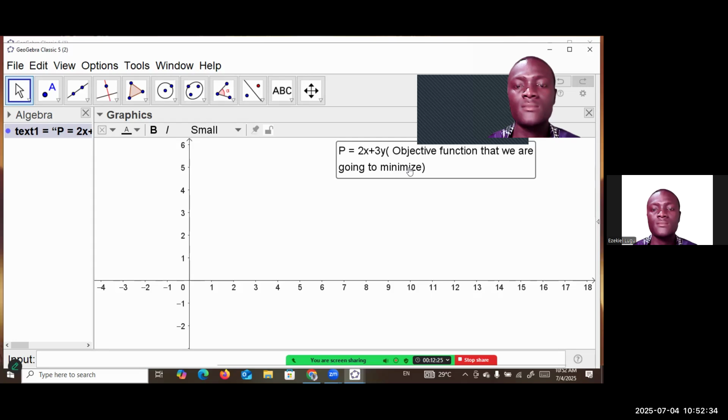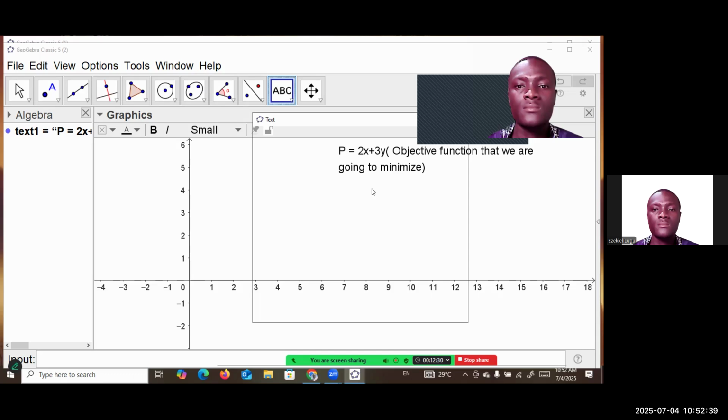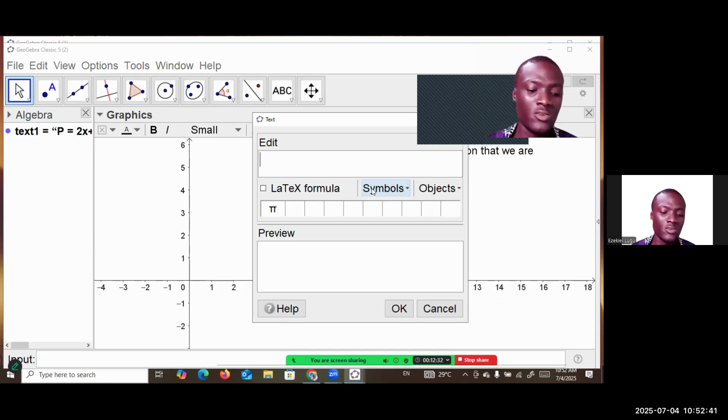Right, and then let me give the constraint functions.